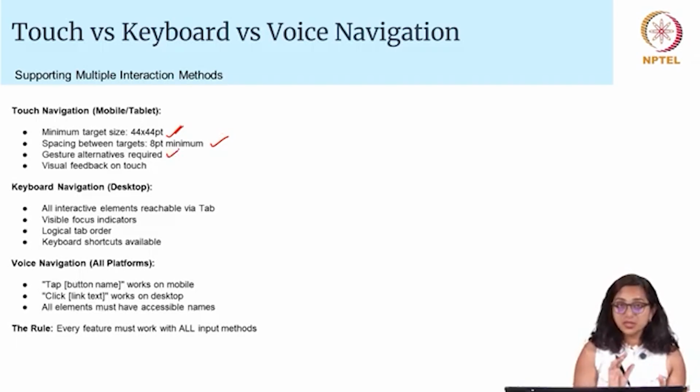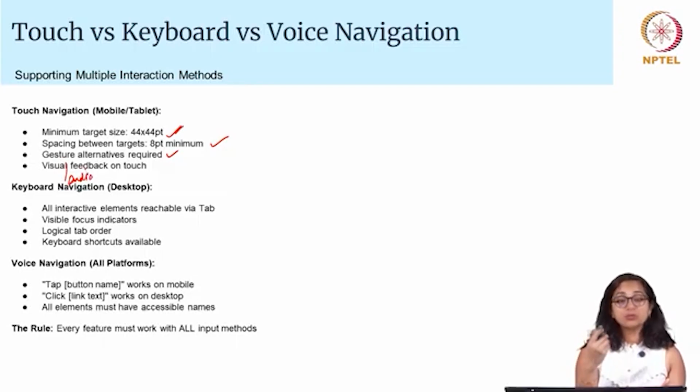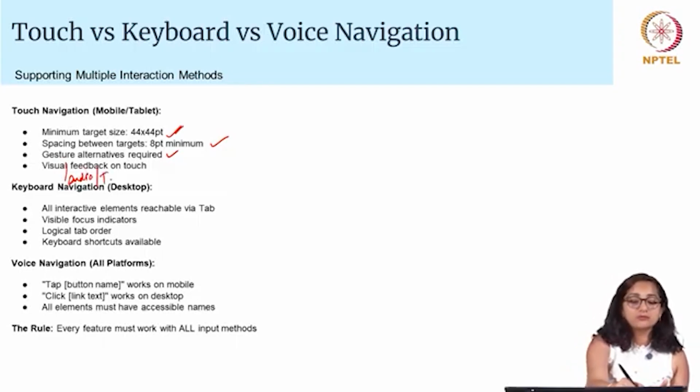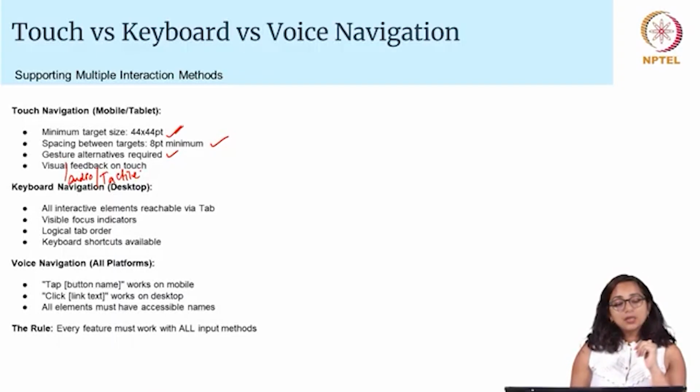Gesture alternatives are required, visual feedback on touch, or audio feedback also it can be. So once you have touched it, it has to be an audio or a vibratory feedback, tactile feedback, or an audio feedback, to let the user know that you have already touched the target.